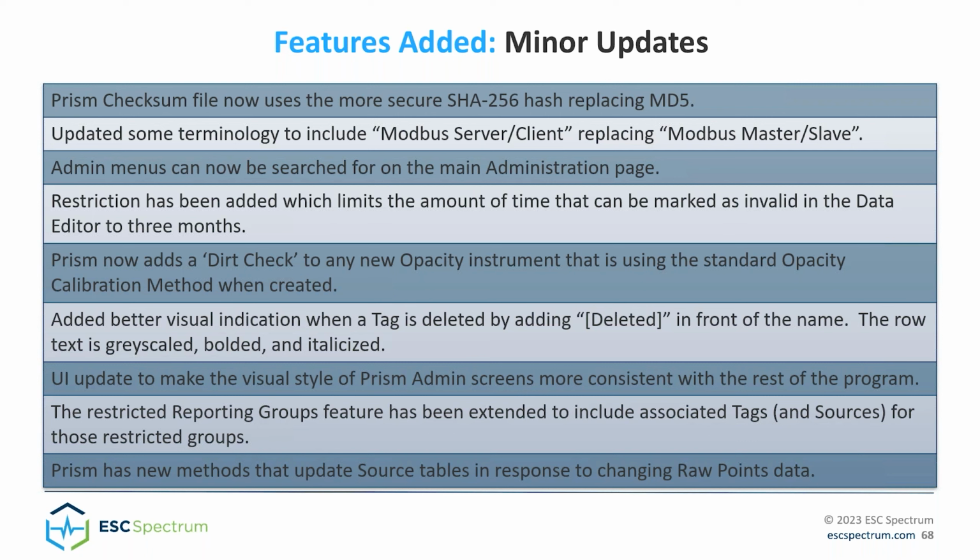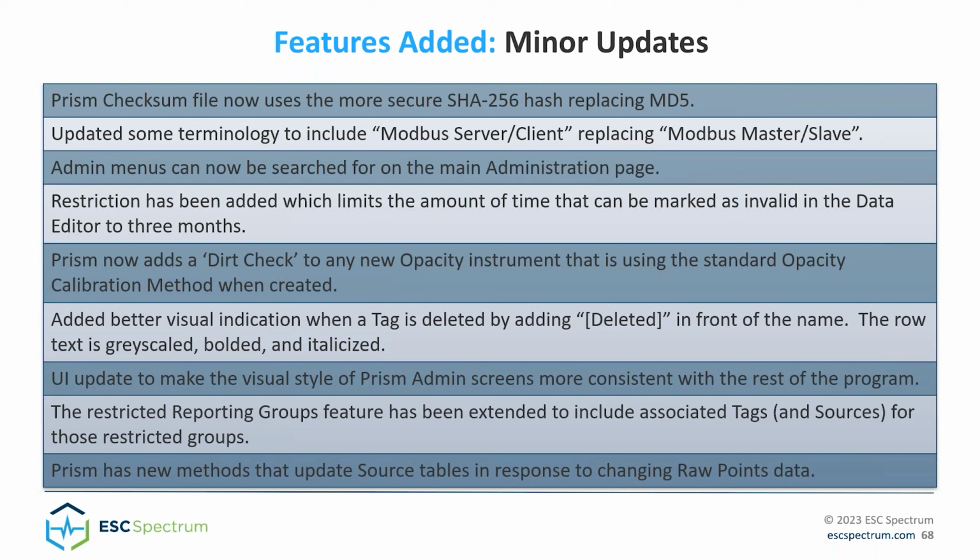The UI has been updated, making the administration screens more consistent with the rest of the program. We've seen that with your data list and then your details section to the right, and standard view, edit modes, add new. Restricted reporting groups has been extended to include tags and sources.